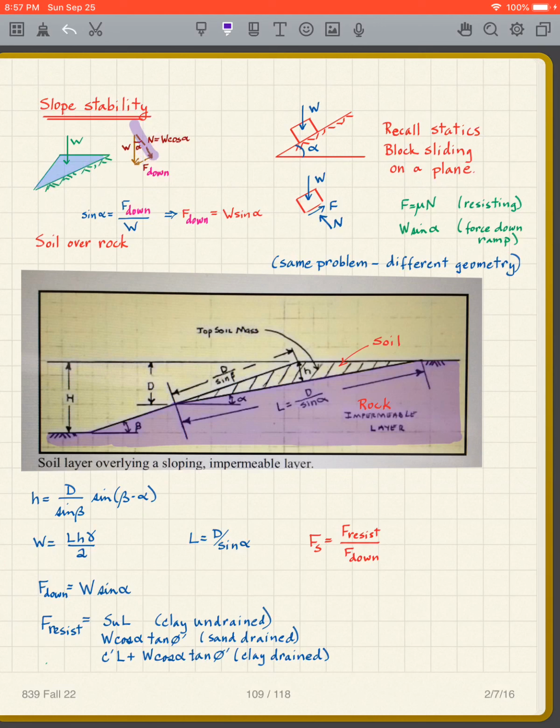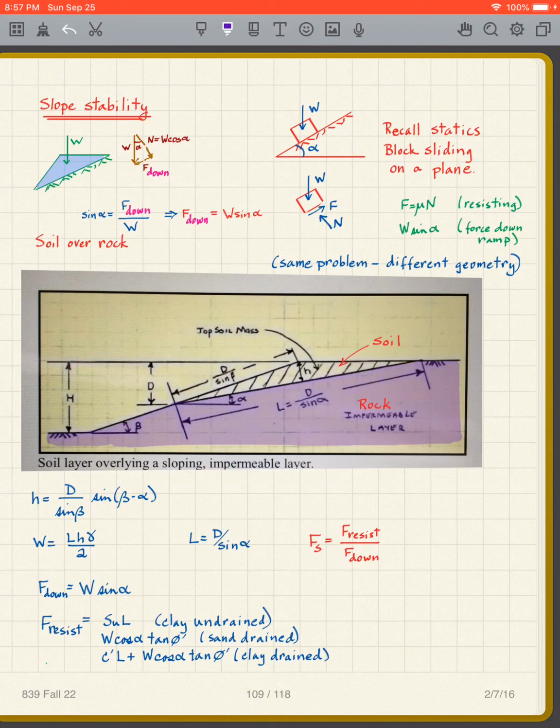So we break it down into those two, just as we did. Again, the force down is the W sine alpha.